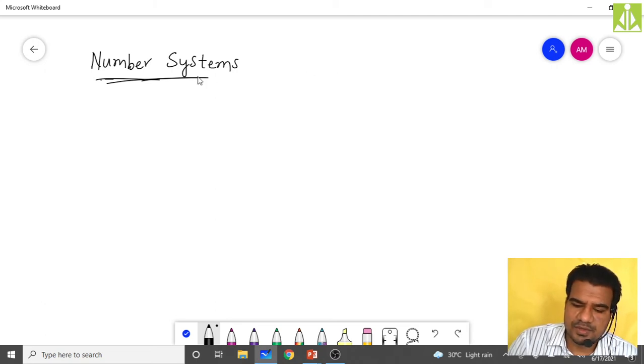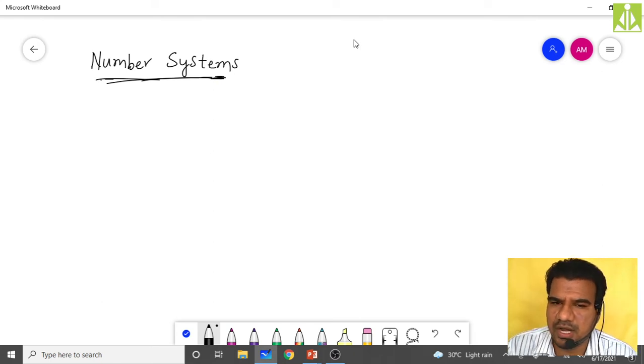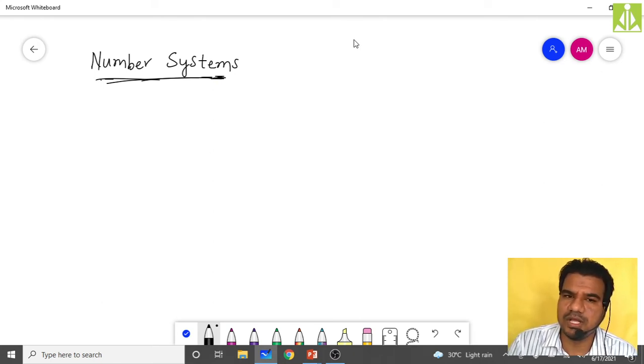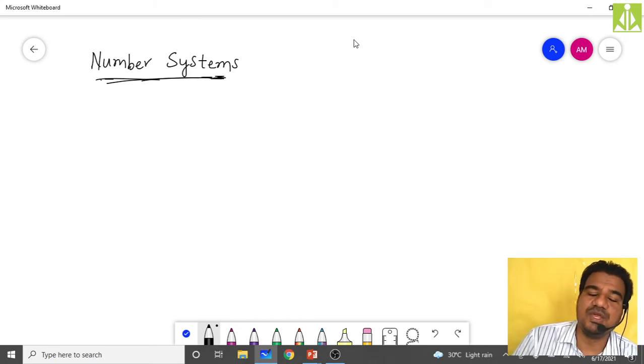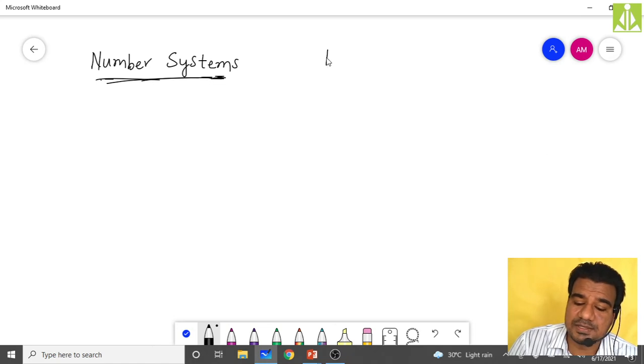So simply see, in our decimal number system, whatever number system we use in our day-to-day life for counting things, for counting our money, to do financial transactions and mathematical calculations, we use the decimal number system. Why the name decimal?